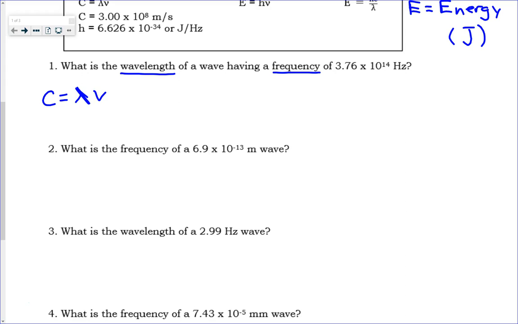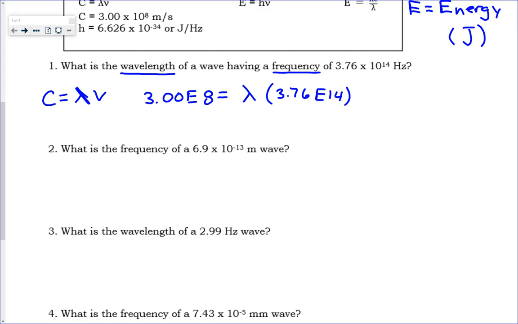And then we just need to plug in our numbers. C is always 3 times 10 to the 8th, so 3.00 E8. Lambda, the wavelength, is what we're looking for in this problem, and nu, the frequency, is 3.76 times 10 to the 14th hertz.